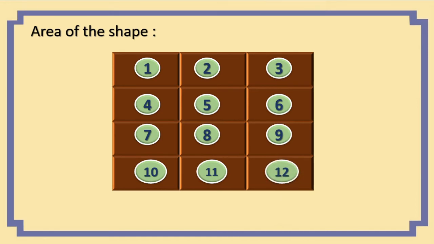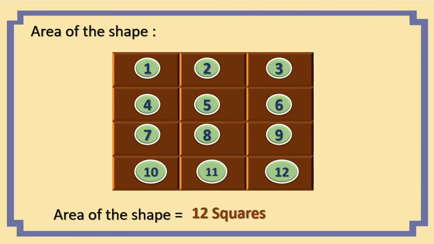Now we can say that area of the shape shown here is equal to 12 squares. Got this, children? Because on the surface there are 12 squares. So we can say area of this given shape is equal to 12 squares.